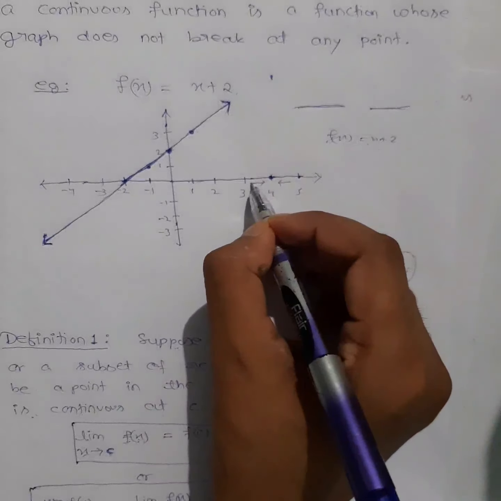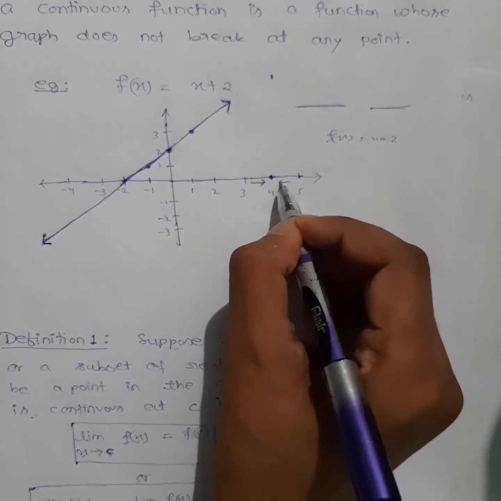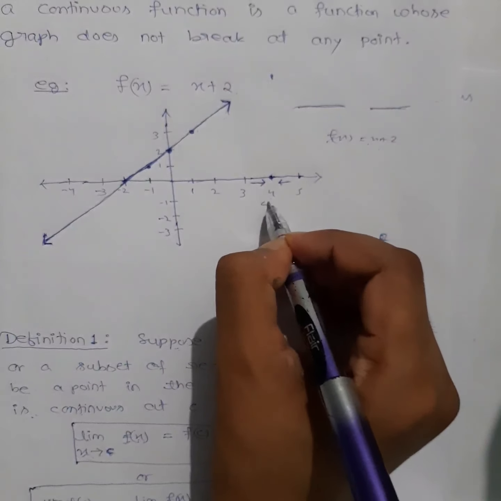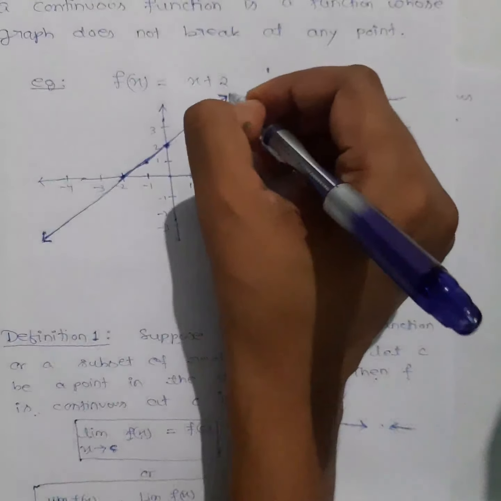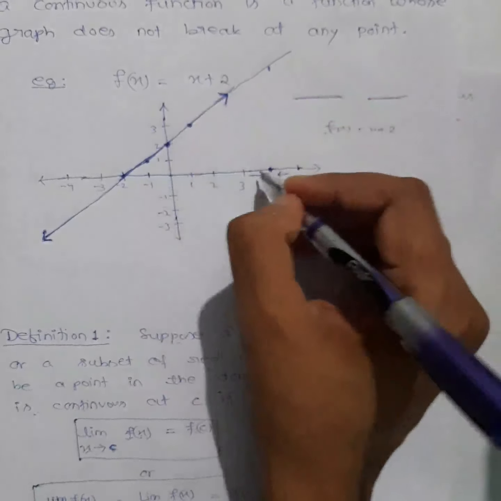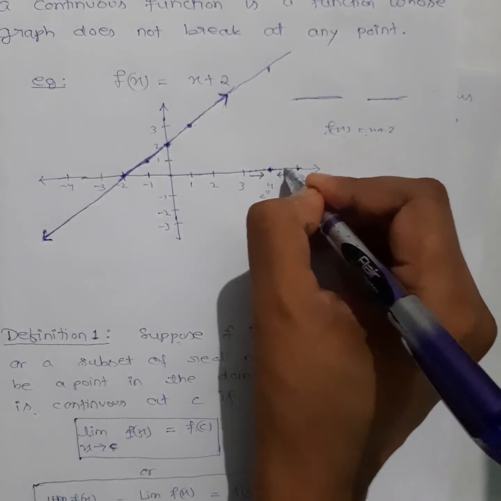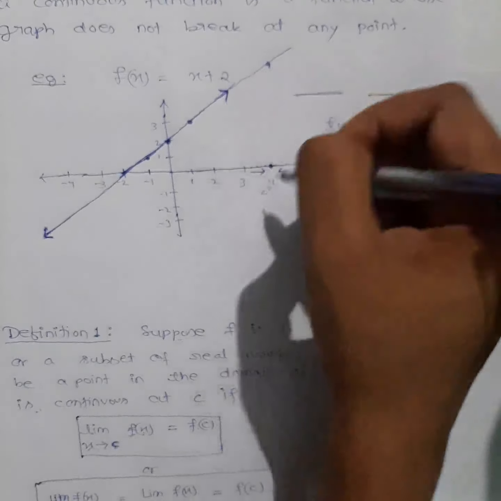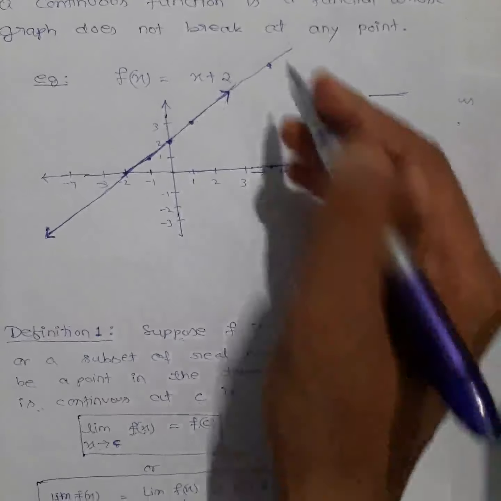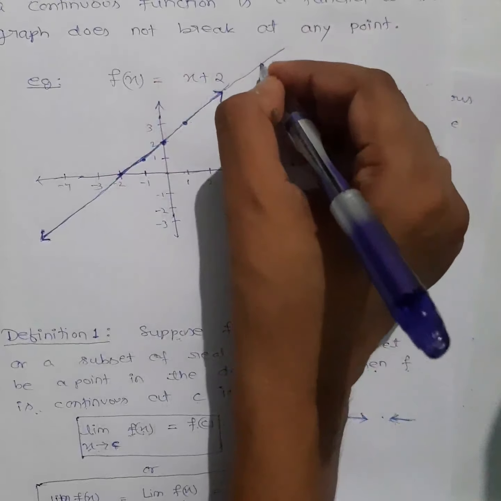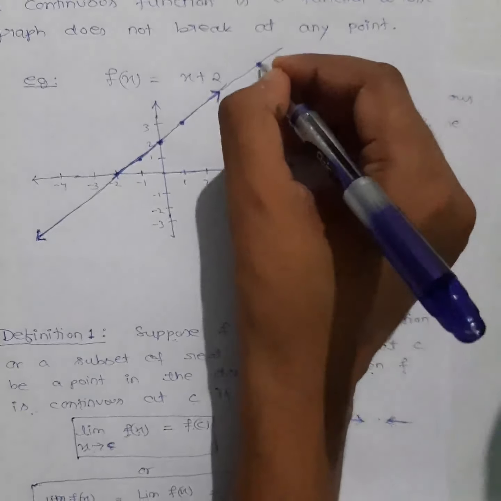Okay, so when your x tends to 4, this is your c now. If you take all these closer values, what will you get? If you take 4 here, what will you get? 6. So this will be 6 here. Okay, try to understand. When I take 4, it will be 6.